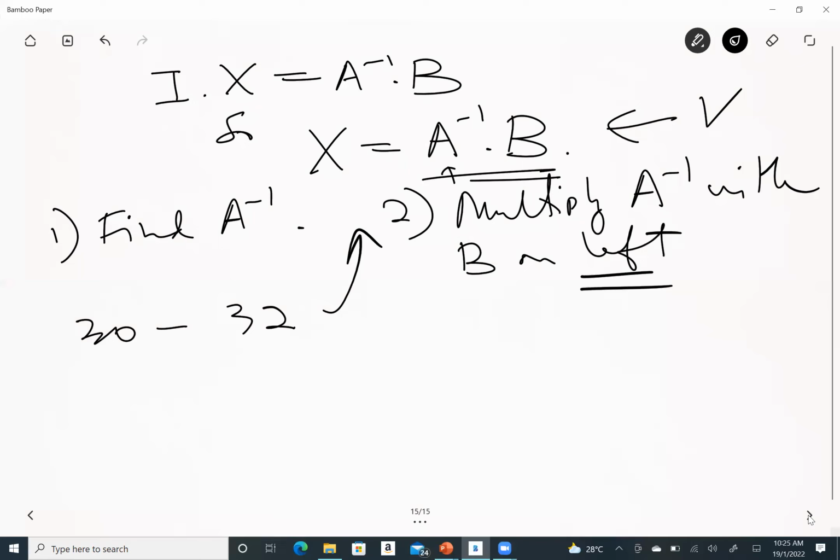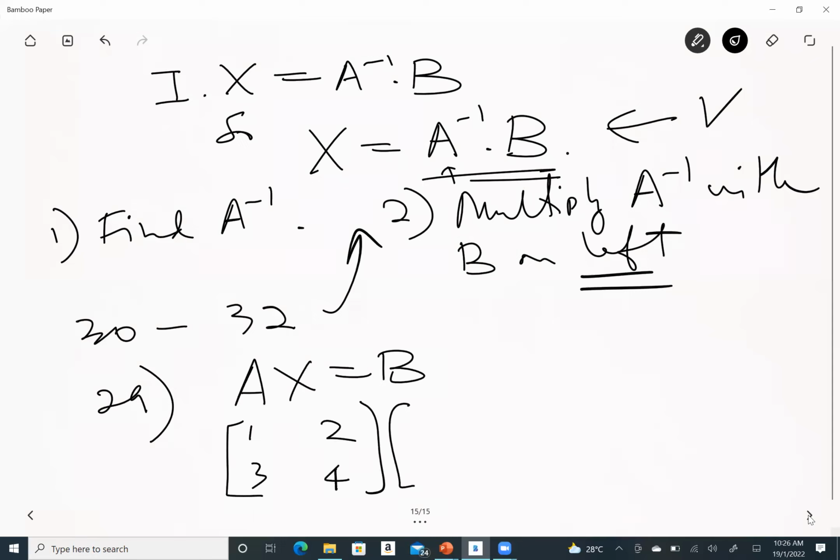So I do number 29. I don't do everything. We just write in matrix form. You have here x plus 2y equal to 4 and so on. So in matrix form, it's AX equals B. You write the coefficients, 1, 2, 3, 4, then you multiply with X, Y, equal to the constants on the right, 4, 10.